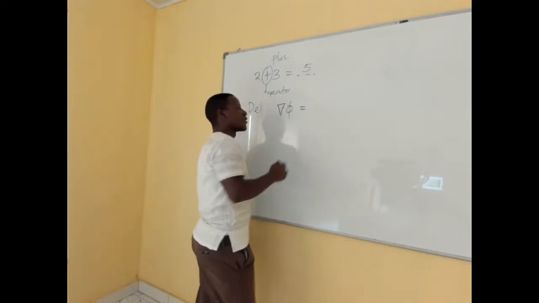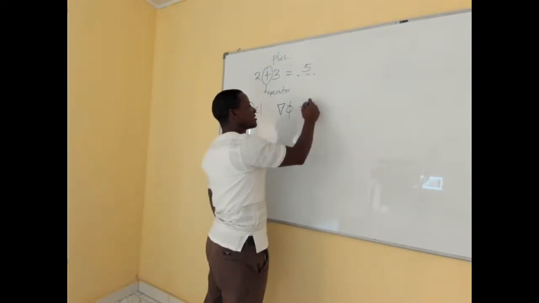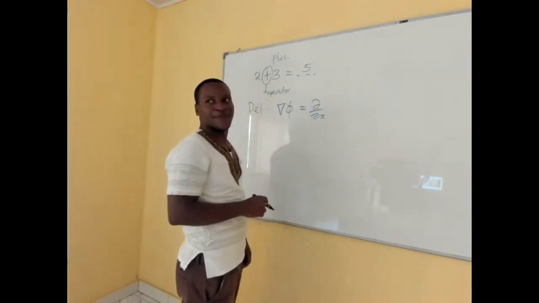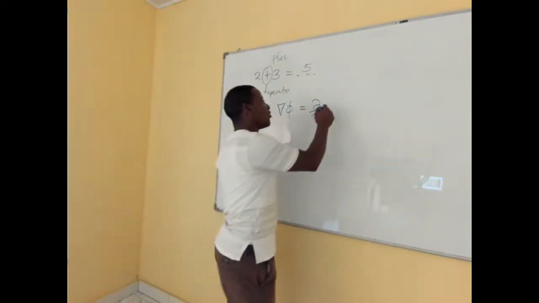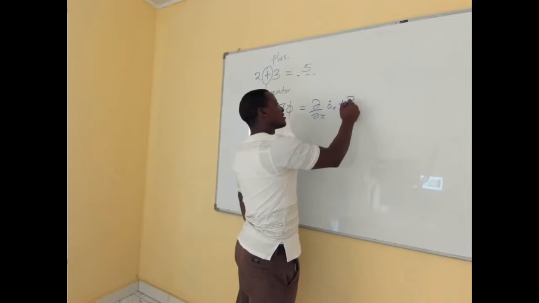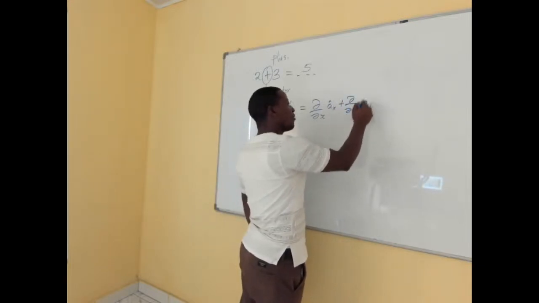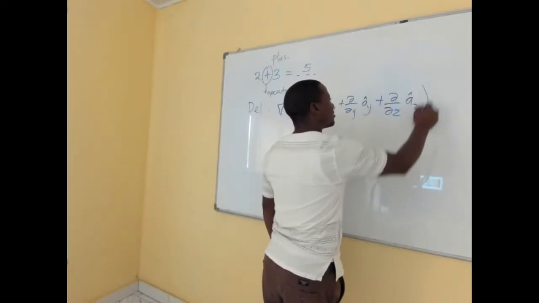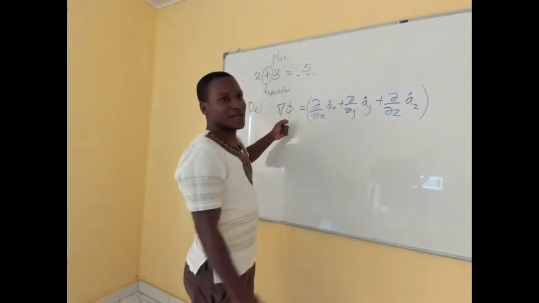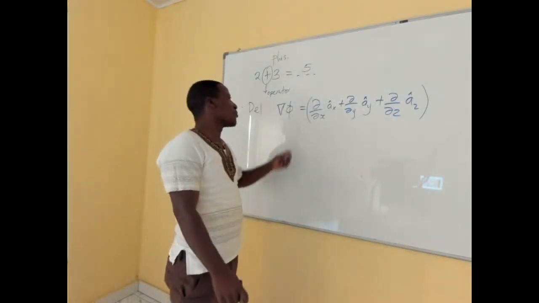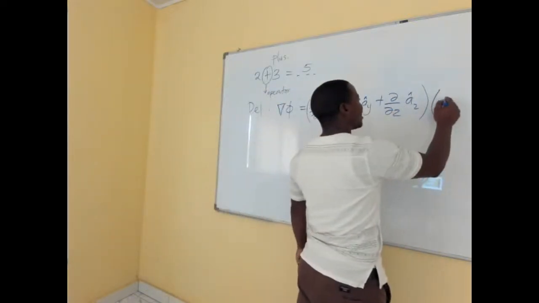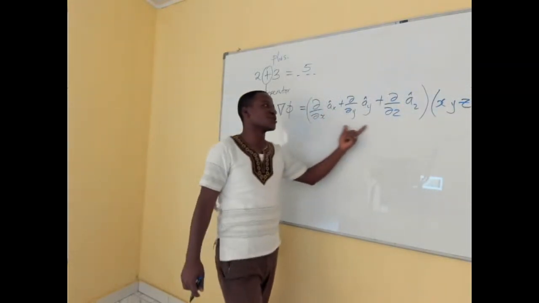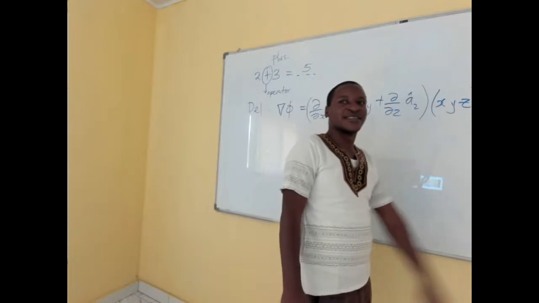We say this del phi is the same as the partial of x, that is if it is in the Cartesian plane, of ax, plus the partial of y of ay, plus partial z az. So this is the operator. If, for example, like in the example that we had in the morning, this phi is given by an expression xyz, that is the function, it means that we need to multiply the whole lot of this by xyz.